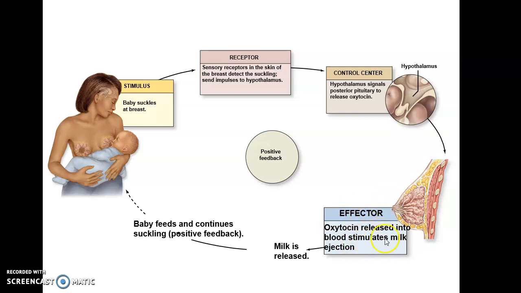Infant receives the nourishment it needs, and then when the infant is full, process ends. And since there's no more suckling, there is no more release and sending of oxytocin to affect the breast tissue. This is an example of a positive feedback loop.